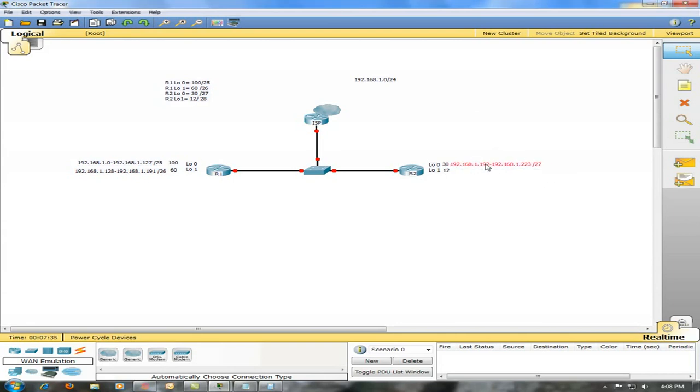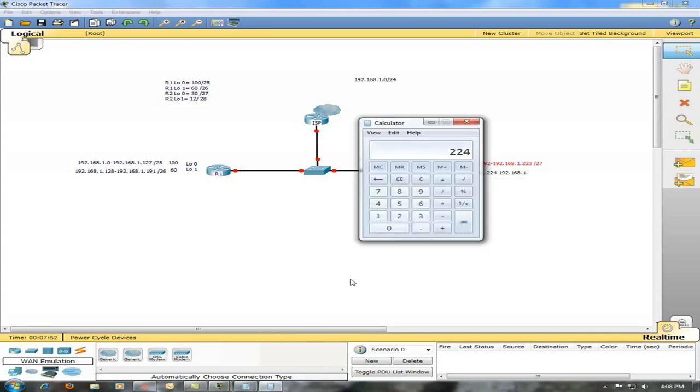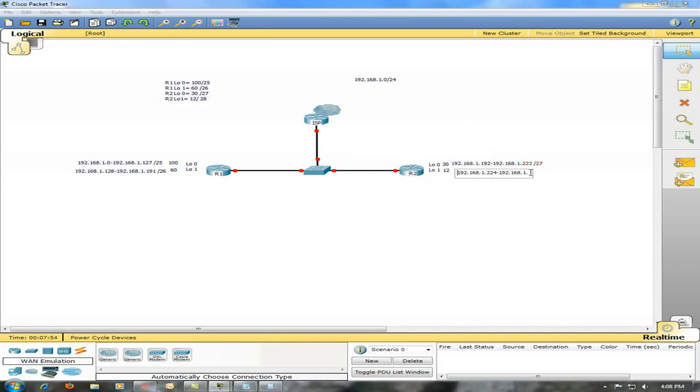That's a /27, and this one will be the last one, 192.168.1.224, to 192.168.1.240 /28. So there's your subnetting and your basic configs done on these routers.